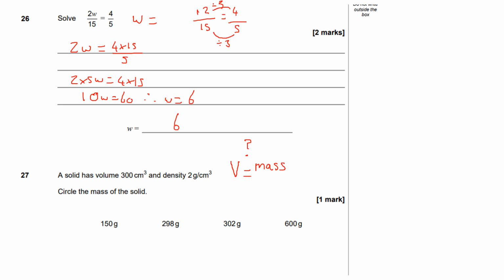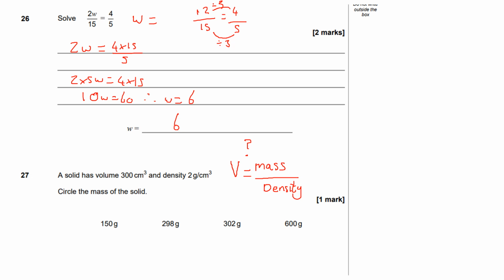Well, think about your three different elements: volume, mass, and density. If we take the mass and we divide it by the density, then we'll get the volume, which means density times volume equals mass.